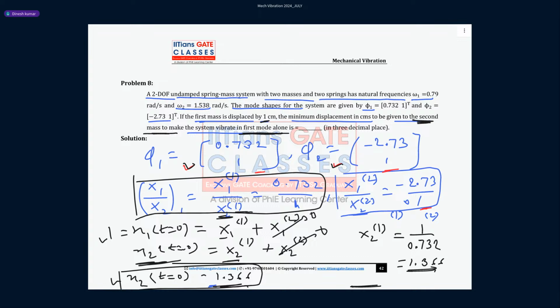Once you get these values, x1 for first mode, x2 for first mode, and so on.